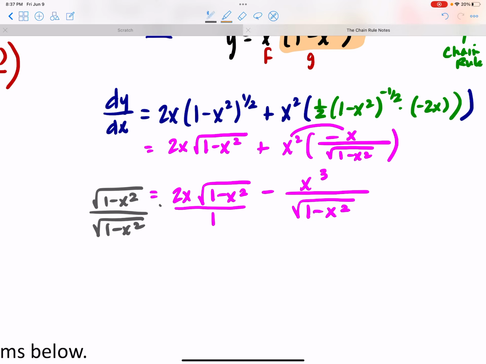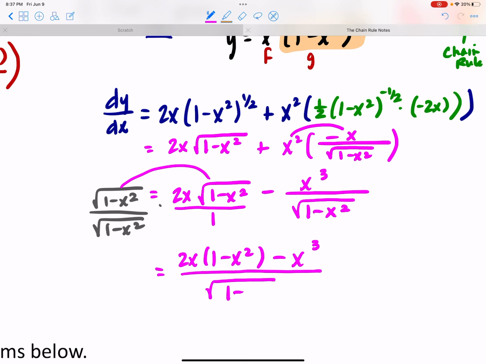And so this becomes 2x times, if I multiply this here, the square and the square root, right? Squaring that thing is going to cancel that square root, so I'll have 1 minus x squared. And then I can bring over my other numerator because now we're going to have our common denominator, which is the square root of 1 minus x squared.